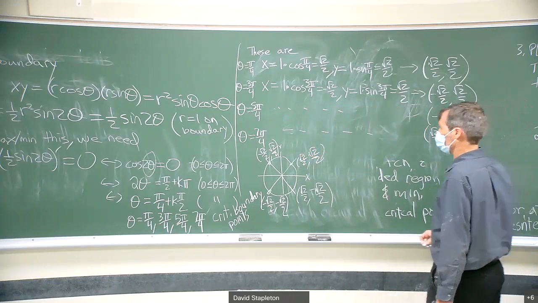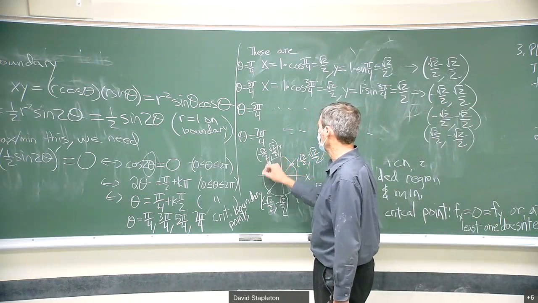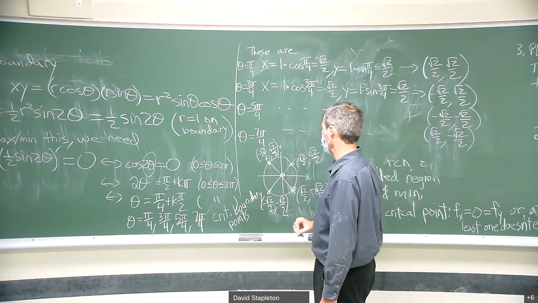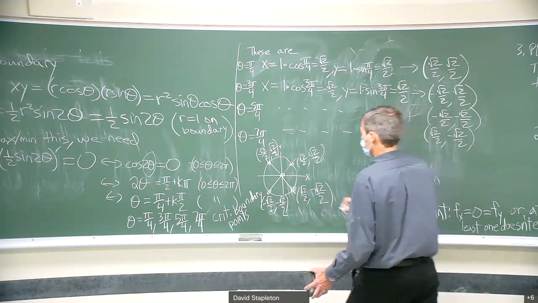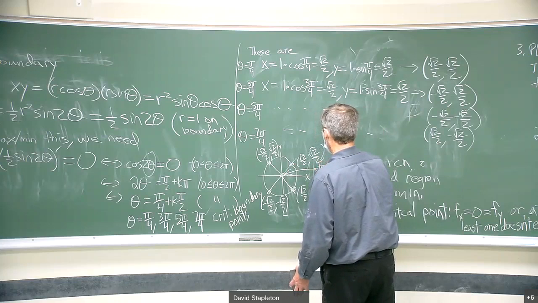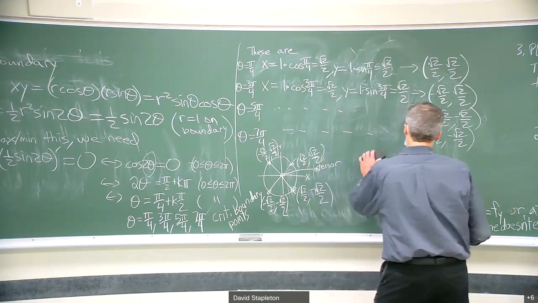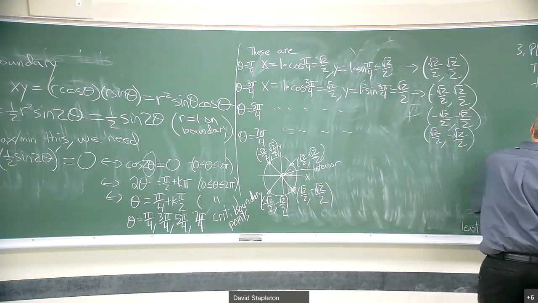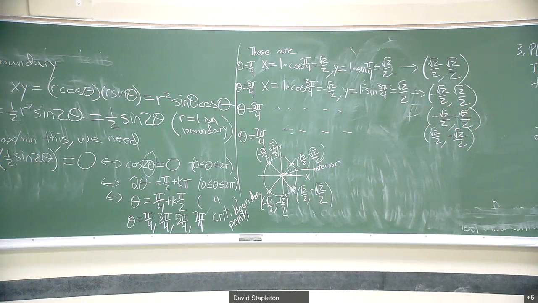All right, so 4 critical points on the boundary, these 4 right here, plus the critical point you have from the interior, there's one at the origin. You have to plug in all 5 of those points. So this was the interior one, where both partial derivatives were equal to 0. So these are long problems, but they're kind of neat, I think. And you just plug them in now.